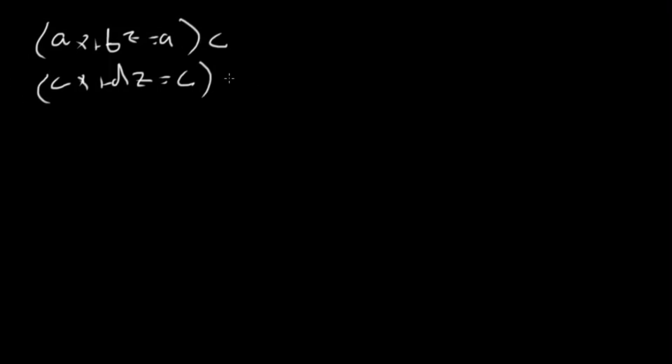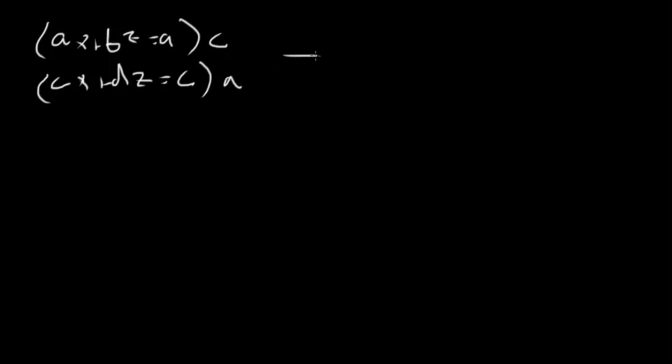I have ax plus bz equals a, and cx plus dz equals c. I want to eliminate x, so I'm going to multiply the first equation by c and the second by a.